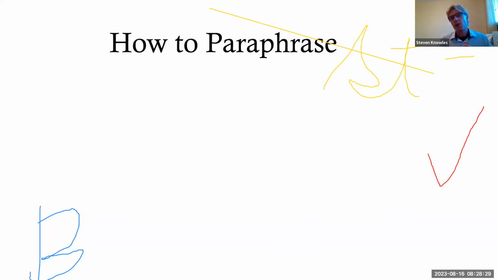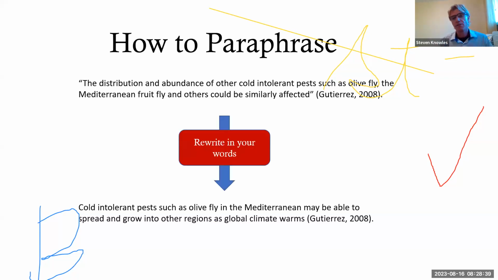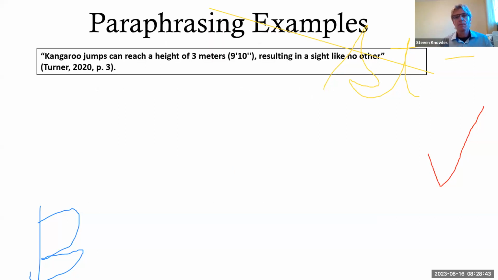So let's move back to paraphrasing, and I'll give you some examples of how you can do that. So here's a typical paraphrase. So let's look at another one. Here's something you might find in a book.